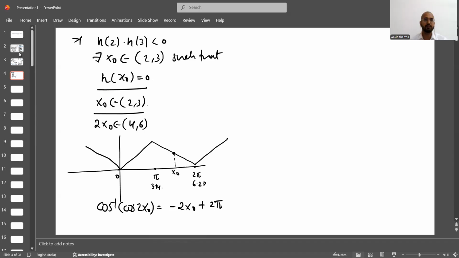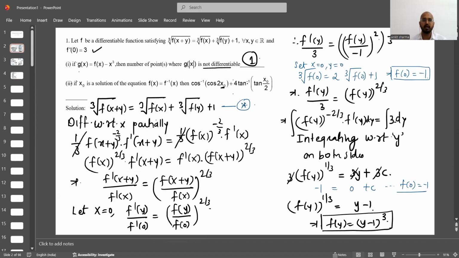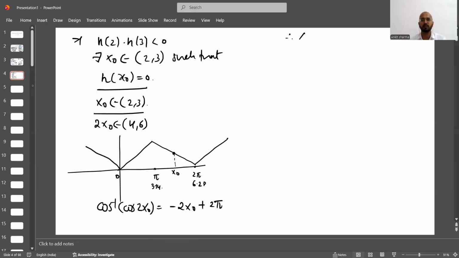So it's decreasing and then 2 pi becomes 0. And now we also have to find out tan inverse of tan of x naught by 2. So x naught belongs to what? 2 to 3. So x naught by 2 will belong to 1, 3 by 2. That means it is still in the first quadrant only. 3 by 2 is 1.5 and pi by 2 is 1.57.